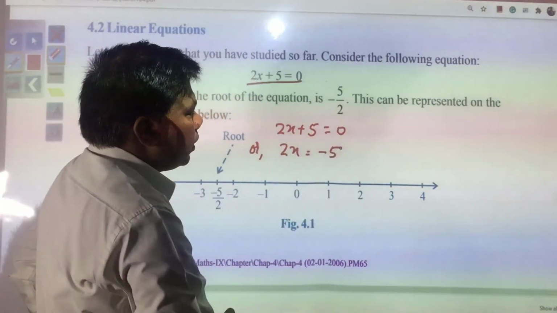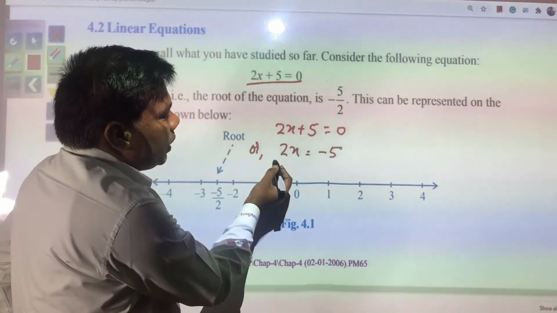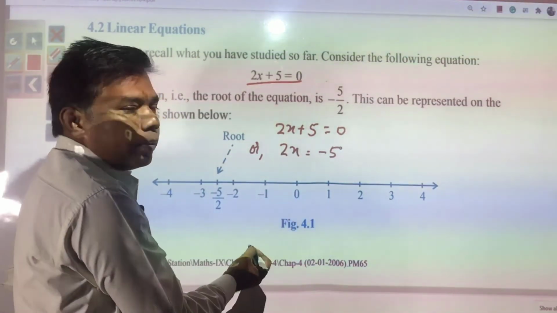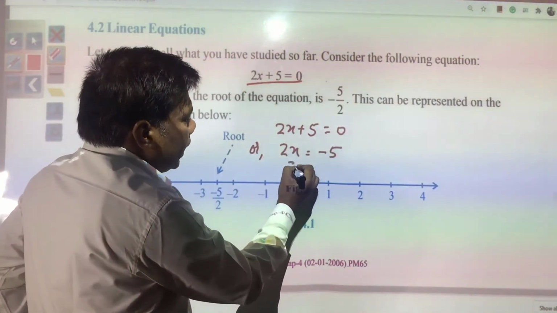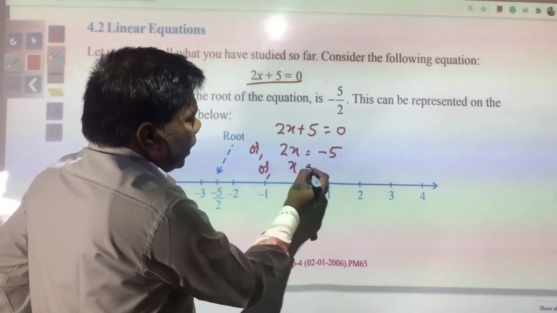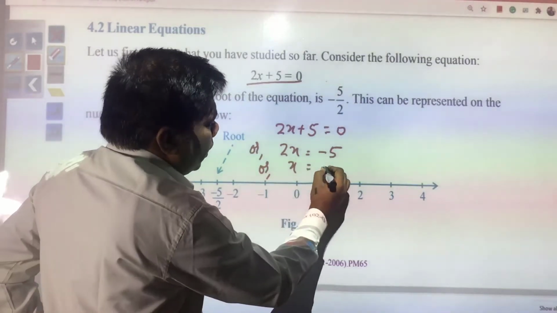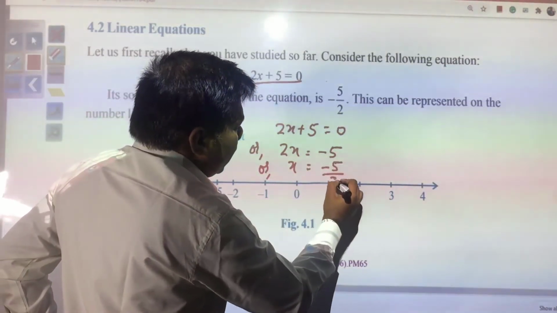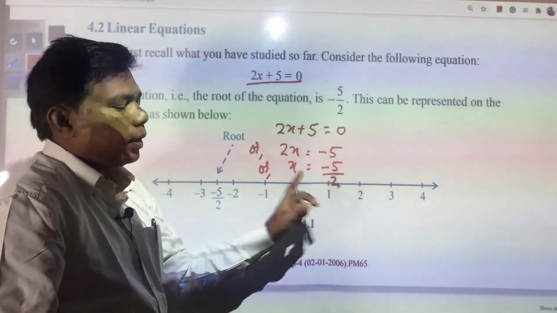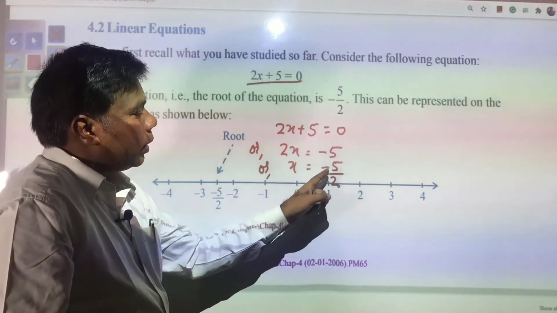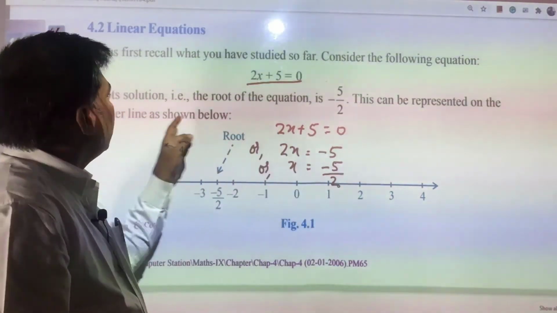Now 2x means 2 into x, so when the side is changed, the 2 goes to the denominator. So this will be minus 5 divided by 2, and x is minus 5 by 2.